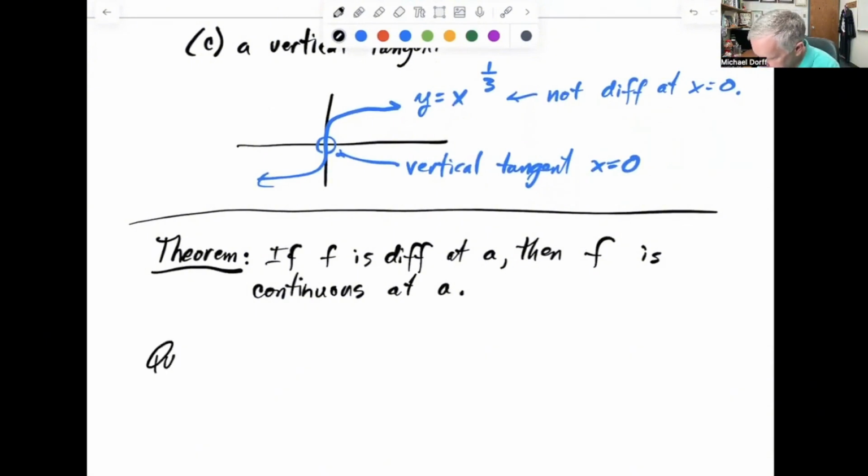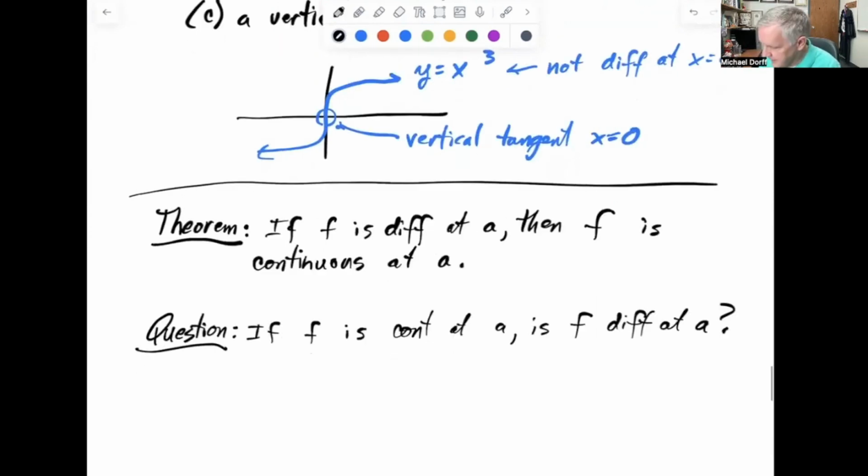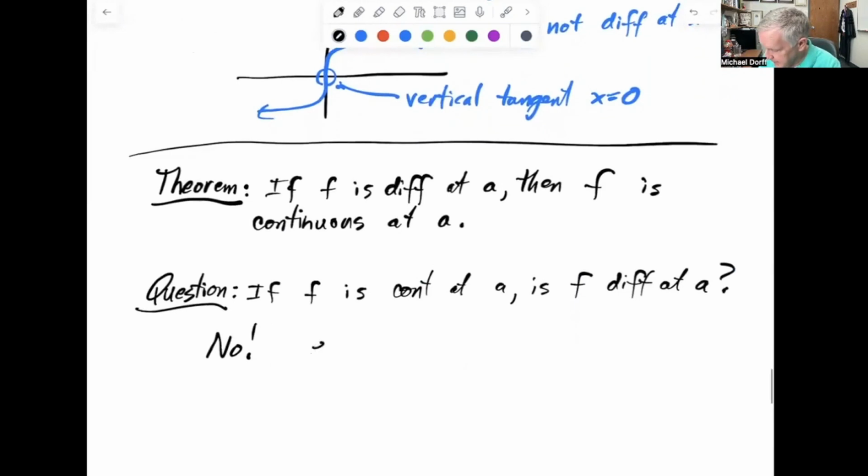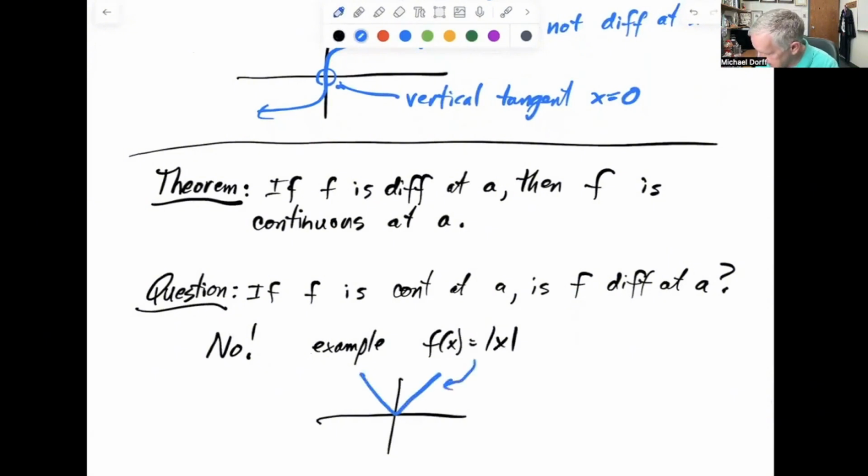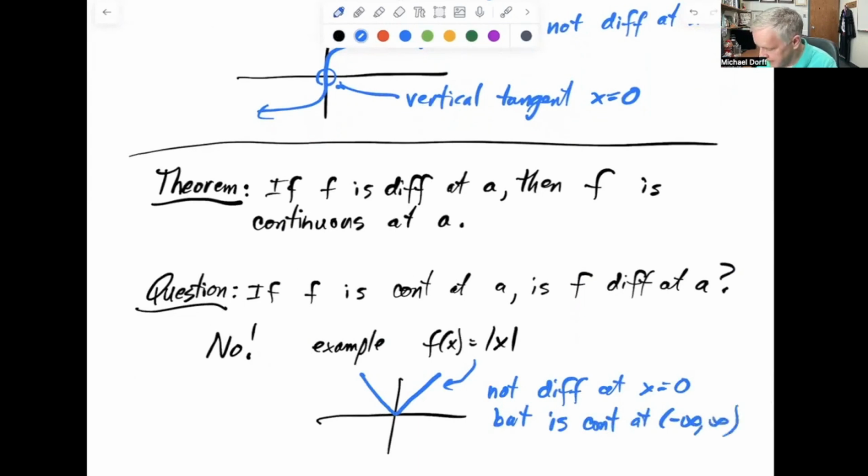So here's a question: if f is continuous at a, is f differentiable at a? Well, the answer is no. An example of this is f of x equals the absolute value of x. The graph of that looks like that, and it's not differentiable at x equals 0, but it is continuous from negative infinity to infinity.